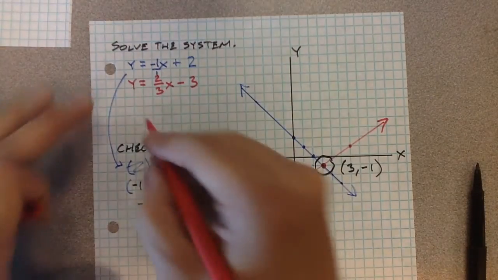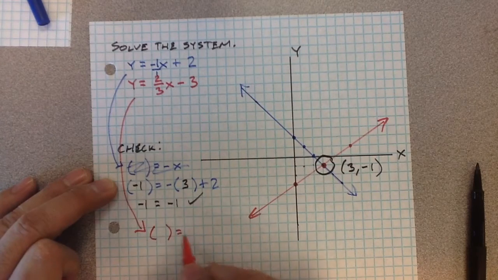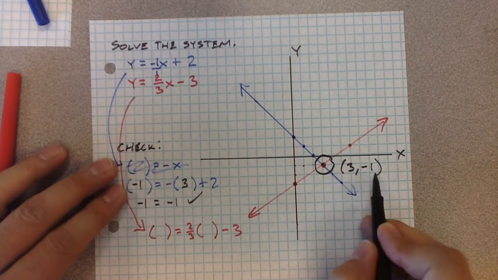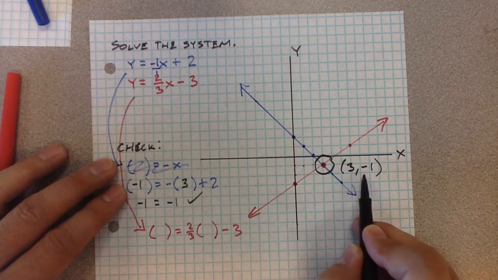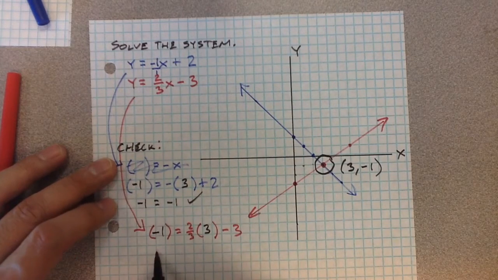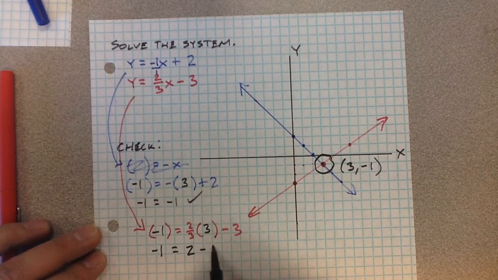Okay, but I also need to check it for the one in red. So let's try that. Y equals 2/3 x minus 3. And again, for x and y, I'm going to plug in my solution point. X is 3, y is negative 1. Check the math. Negative 1 equals 2/3 of 3 is 2.